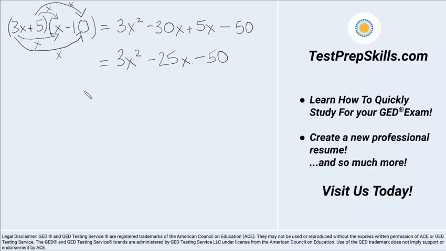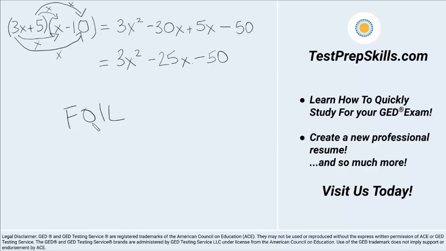So that's how we can use the FOIL method to multiply polynomials. Just one last time, the F stands for firsts, so we multiply the first terms in each of the two brackets together. That gives us our first term.